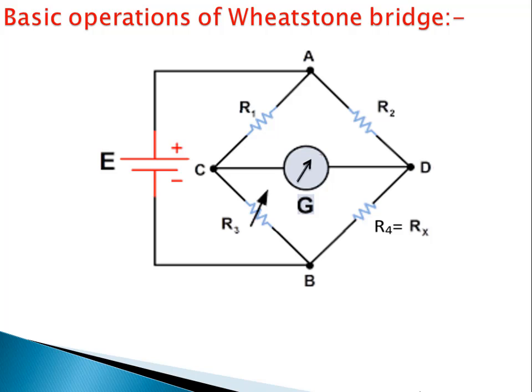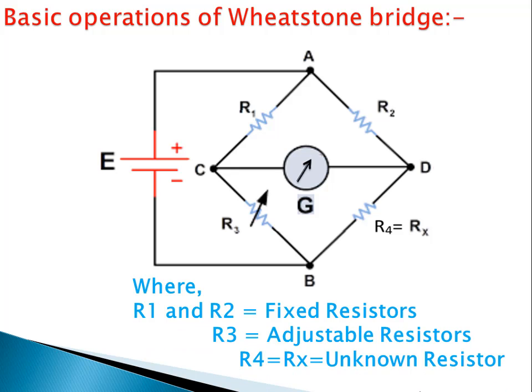These 4 resistor elements are interconnected with 4 junctions, that is A, B, C and D. Here R1 and R2 resistors are called fixed resistors. R3 resistor is called an adjustable resistor, and R4 resistor is also called the RX resistor, and it is denoted as the unknown resistor.